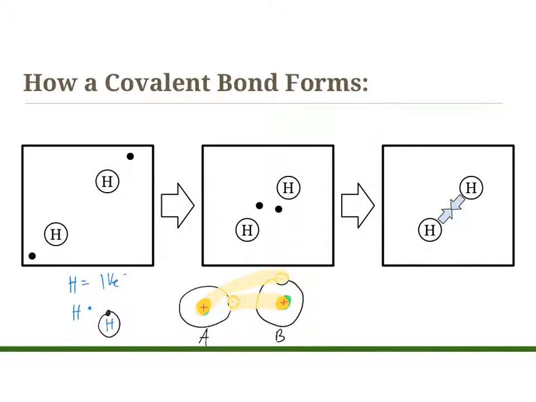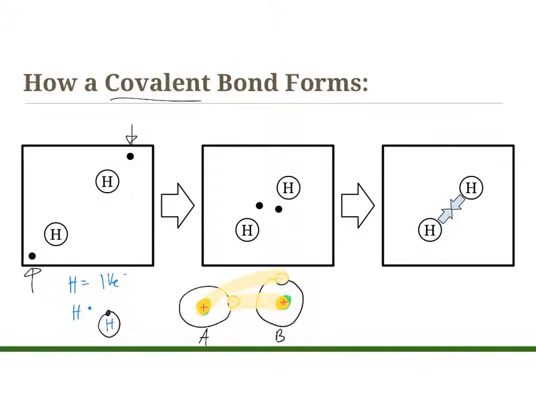So instead of flying all around like in the case of the first box over here, where I've got an electron way out here and an electron way out here, those electrons get funneled into the space in between the two atoms. And when that happens, the atoms form a bond, and that bond is called a covalent bond.